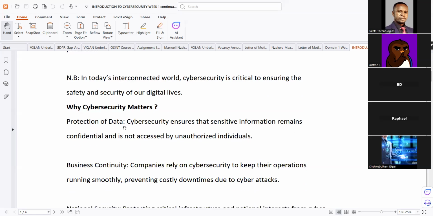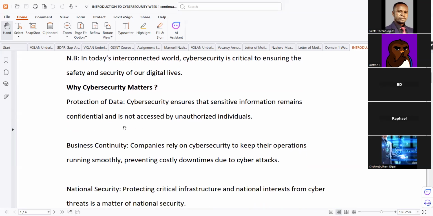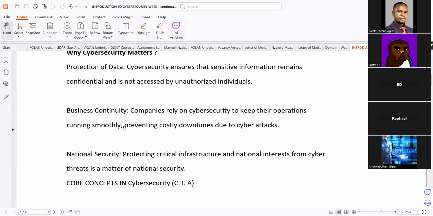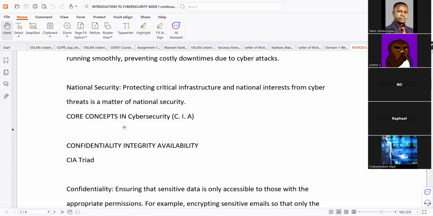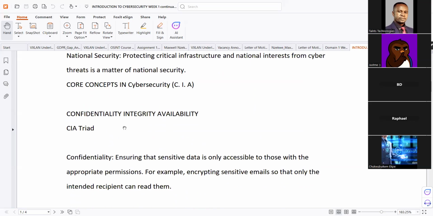One, it protects data. Of course, it supports business continuity, so you don't have disruptions, and national security. That's why all these things matter. So once you understand this core concept in cybersecurity, confidentiality means you have to ensure that sensitive data is only accessible to those with the appropriate permission.